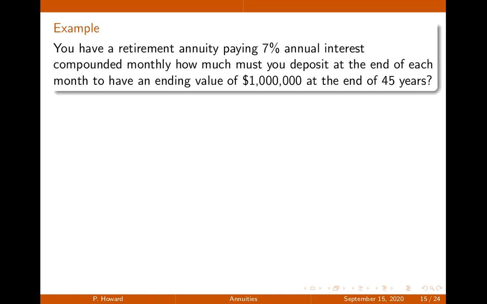So let's say you have a retirement account that pays 7% annual interest, compounded monthly as usual. And the question now is, how much do you have to deposit at the end of each month if you want to have $1 million as an ending value at the end of 45 years?